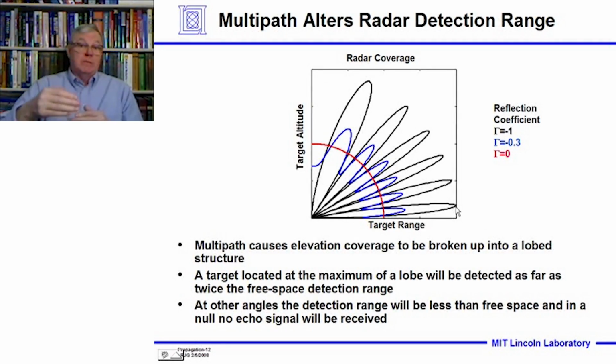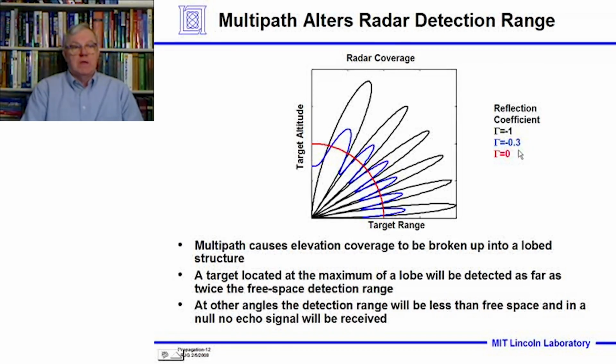A target located at the maximum out here, since the difference in the two paths can be 16 times, over a smooth ocean, that distance, the power difference, taking into account both the way out and the way back, can be 16 times difference, which would exactly double the range. So here's a line of target altitude as a function of range. If there was zero reflection of the multipath, that would be the normal range of the radar, and it can double if we have multipath that's very strong with a very smooth surface.